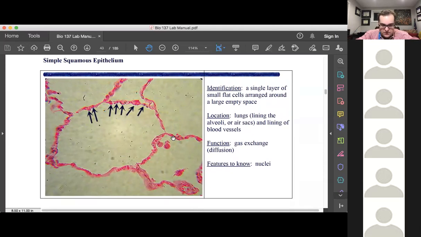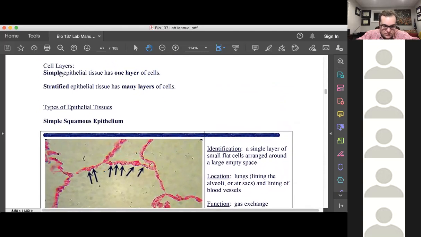In the lung, if you have alveoli, it has to be very quick, and we have to have a very thin barrier so we can exchange carbon dioxide and oxygen. This cell layer has capillaries in it, and inside the capillaries is the circulation. This is where red blood cells come in and drop off their oxygen and pick up their carbon dioxide to be exhaled out. So it's kind of cool. That's the reason why it's simple and not stratified.